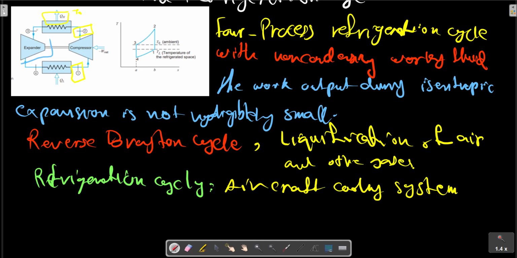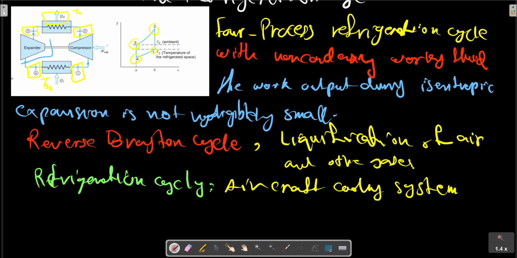The air is then expanded in the process 3 to 4 with the expander to the pressure entering the compressor, and the temperature drops to T4 in the expander. We have in the T-S diagram two isentropic processes.